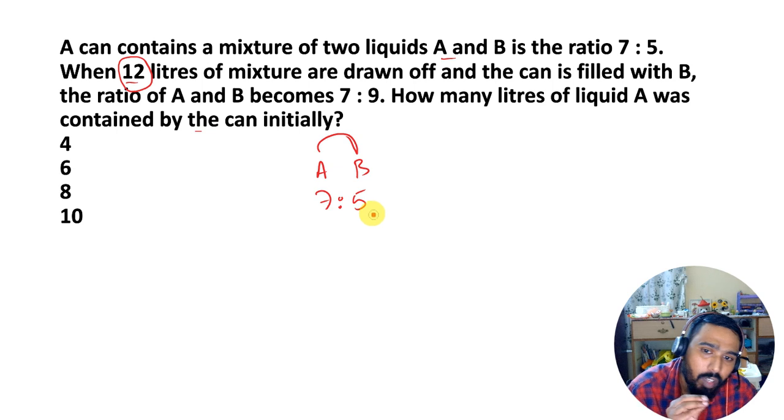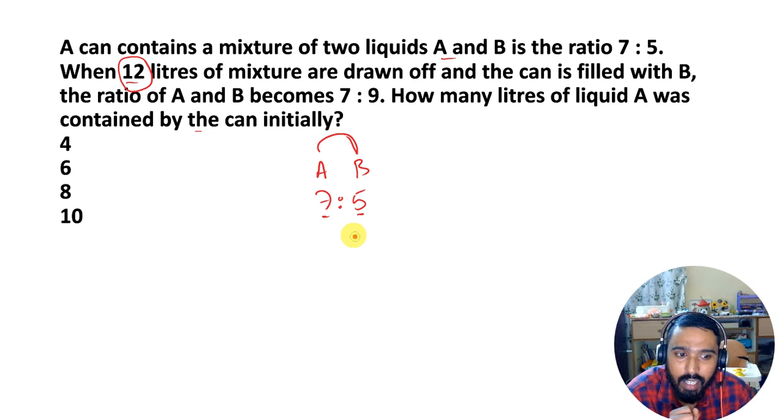How much ever mixture I am removing, it will come out in the ratio 7:5 only. I hope everybody agrees with that. Because the mixture is present in the ratio 7:5, if I remove some part of it, it will come out in the ratio 7:5.